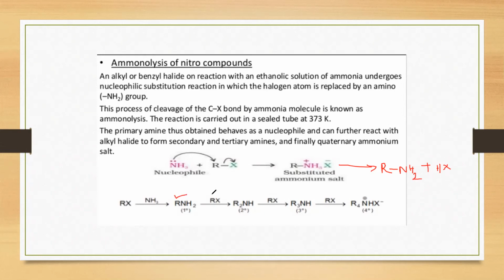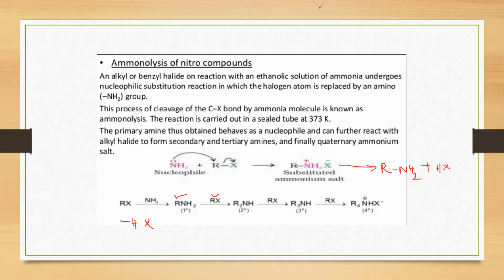Again, it is going to attack a molecule of RX, thereby giving you R2NH. If you have difficulty remembering this mechanism, in the first step, with RX and NH3, just remove one HX and combine the rest. Actually, you need not write the box type mechanism.